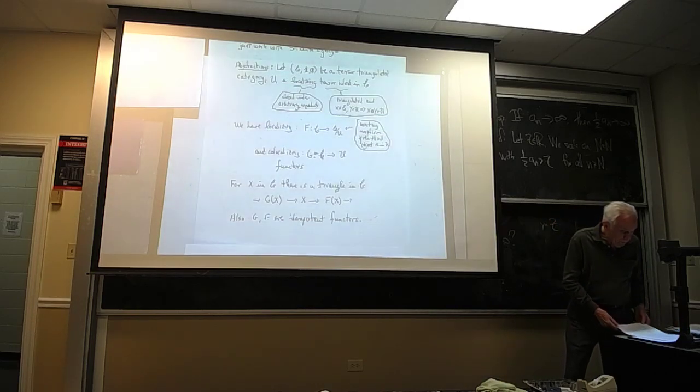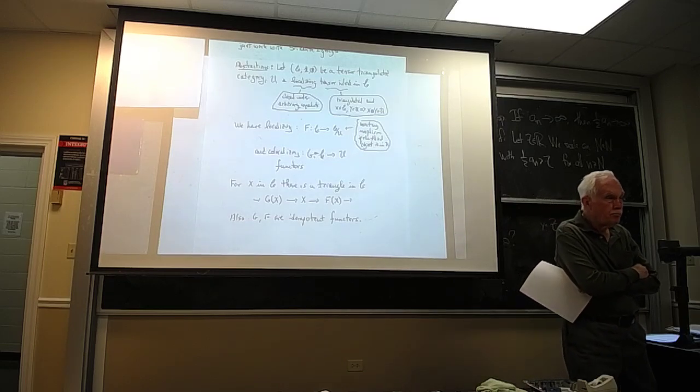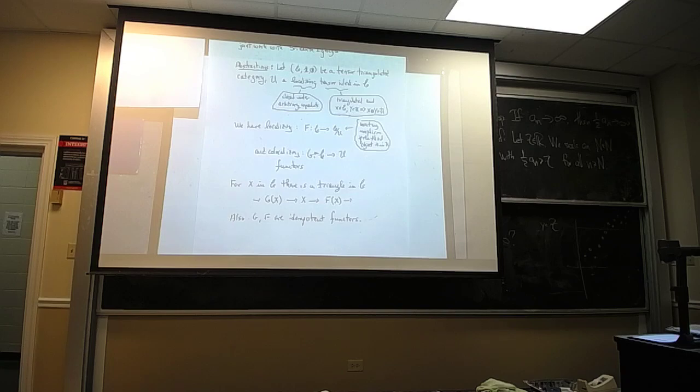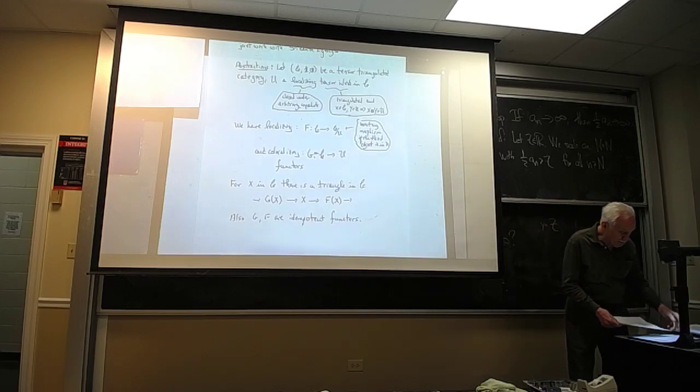When you form this quotient, do you only invert the morphisms if the cone of that morphism is in U, or what do you mean by the third object? Well, every morphism fits into a triangle, and so if the third object of that triangle is in the subcategory, then you invert the morphism. So you invert the morphism if the third object of the triangle of that morphism is in there.